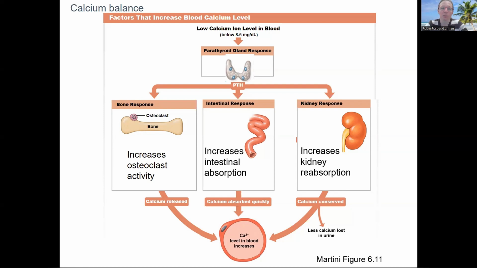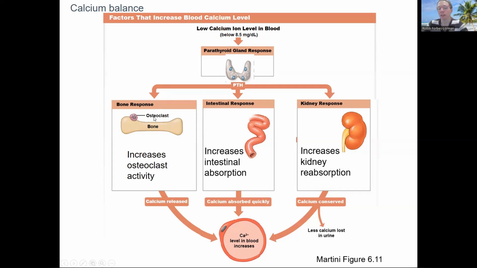So low calcium stimulates the parathyroid gland. You guys know this. Parathyroid gland releases PTH, and there are three targets of PTH. So the parathyroid is both the sensor and the integrator. PTH is an output signal, and then the bones, the intestines, and the kidneys are three different targets.